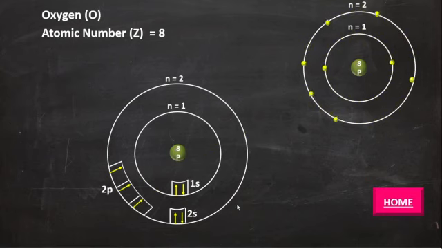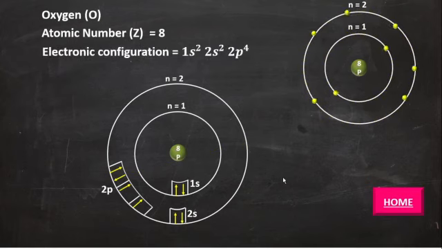Then eighth electron will enter into this orbital, pairing with the first electron. That is, pairing will take place from now onwards because all the orbitals are half filled at first. Okay, so see here, this is the eighth electron, last electron. Okay, so the electronic configuration is 1s2, 2s2, 2p4.